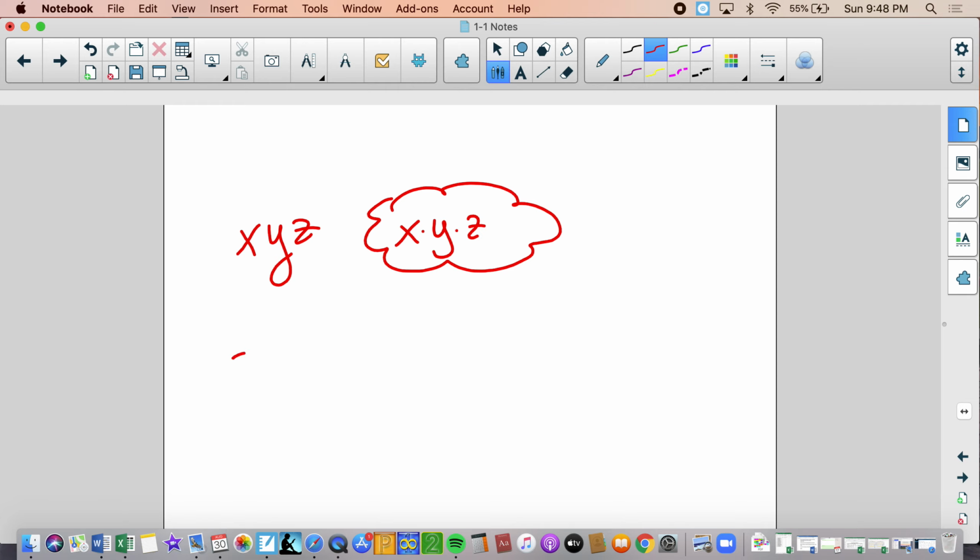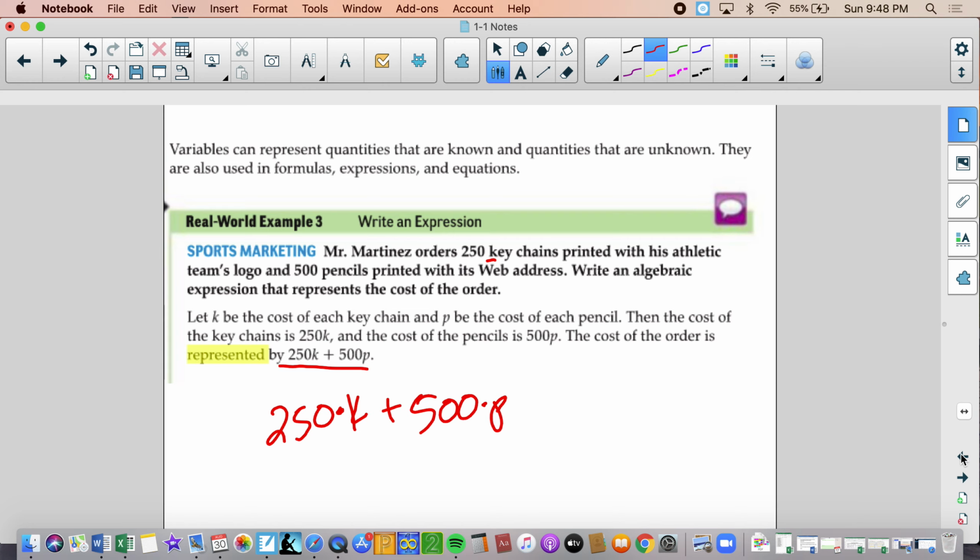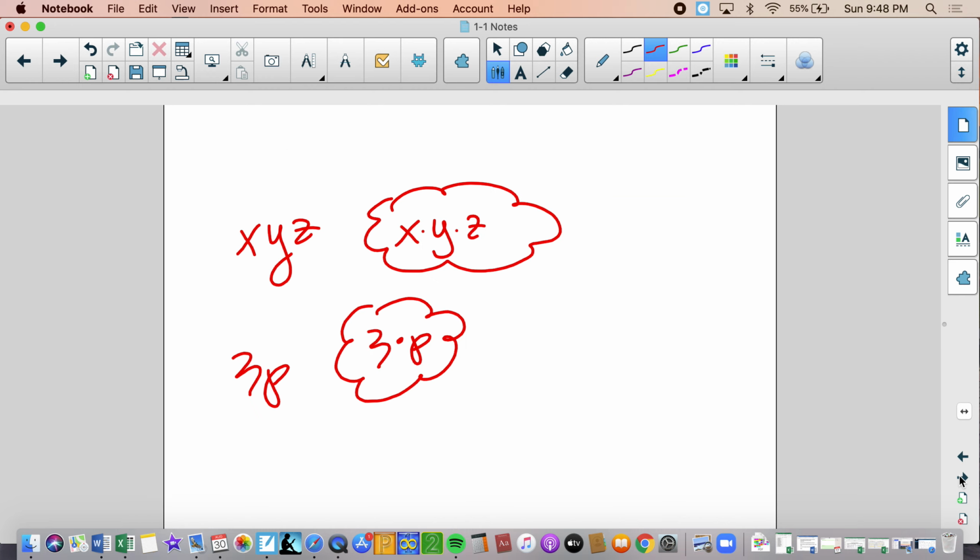When we have 3P, we understand that it's 3 times P, that there's multiplication going on between the 3 and the P. So even though I wrote this with it, this is the correct way of writing that expression. And that would give us the total cost of how much 250 keychains and 500 pencils cost.